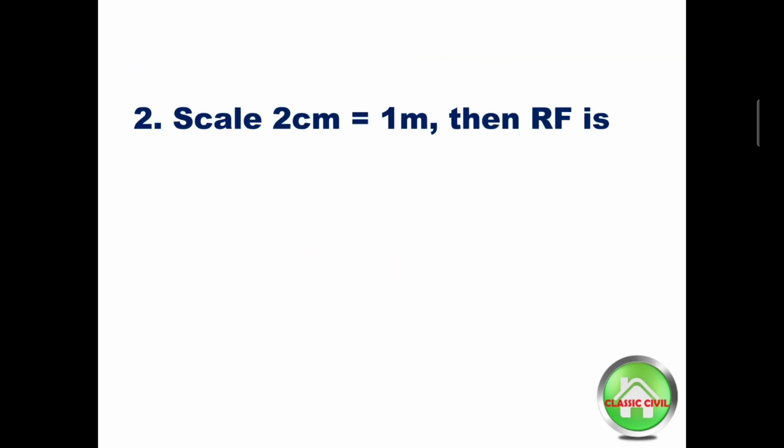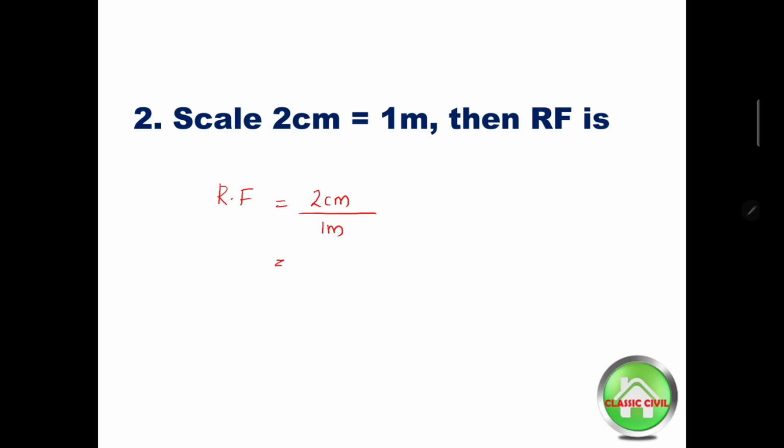Question number 2. Scale 2 centimeter equal to 1 meter. Then RF, the representative fraction, is equal to dimension on drawing divided by dimension on ground. Dimension on drawing here is 2 centimeter, dimension on ground is 1 meter.